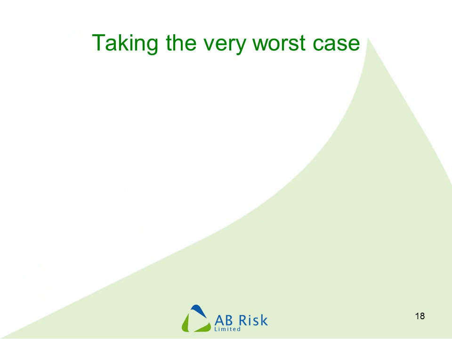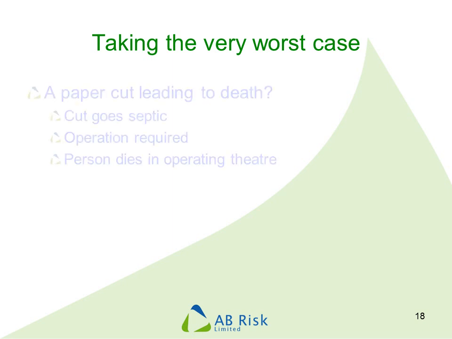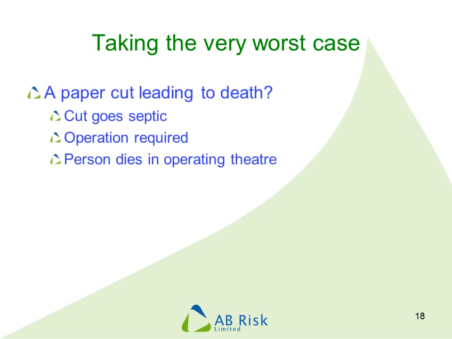One of the concerns or questions that people often have is, how far do we go? Should we be taking the very worst case? And the problem with that is there will be some that can be quite far-fetched, although they happen in practice. Paper cut leading to death. Well, it can happen if the cut goes septic, so someone needs to take an operation and then they die in the operating theatre.